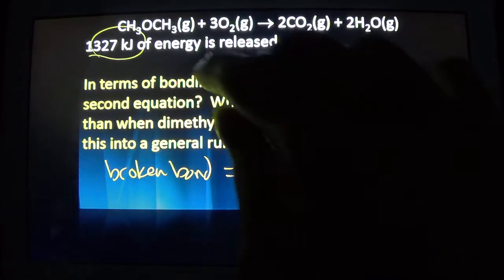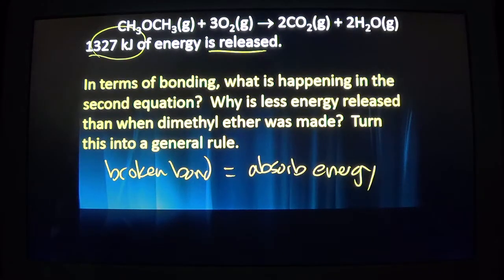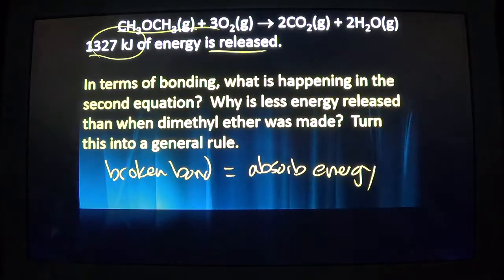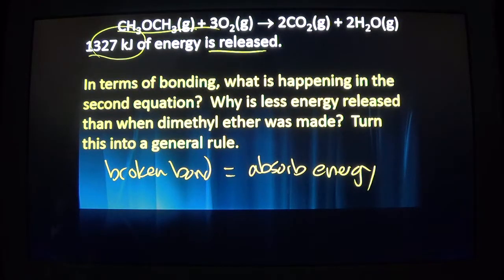And that's why the amount of energy released in this reaction is less. Some of the energy that I would otherwise release is absorbed to break the bonds of the reactants in the first place. So now I have two very important rules. Forming bonds releases energy. Breaking bonds absorbs energy.